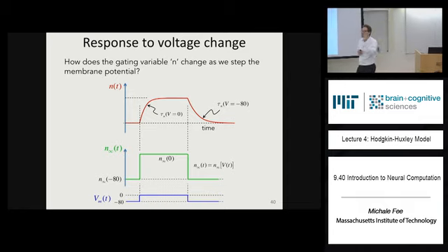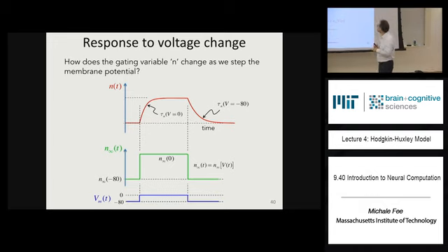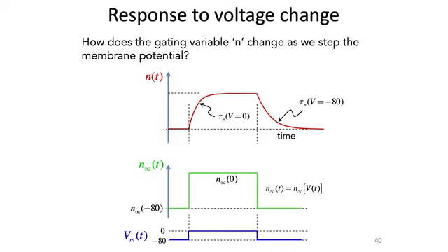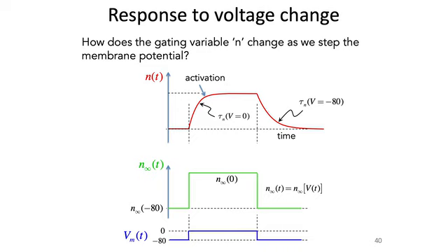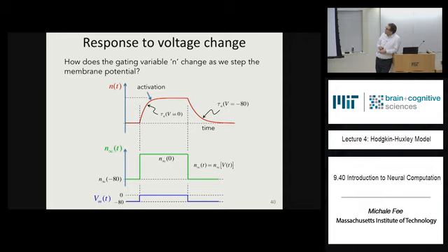On the n graph, it's not relaxing exponentially to 1, it's to n infinity. Yes, but for a voltage around 0, n infinity is going to be close to 1. Any questions? That is called activation.